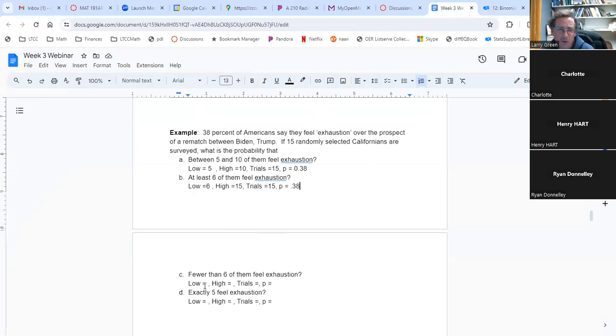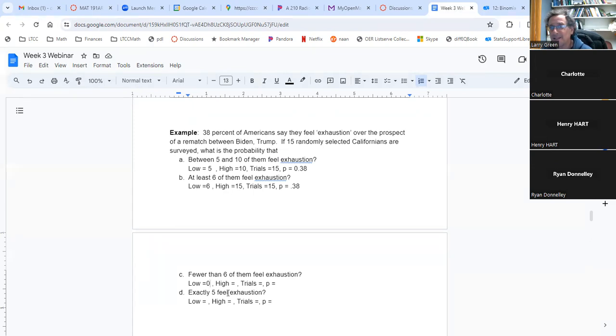Okay. How about fewer than 6 of them feel exhaustion? What's the lowest number that could be fewer than 6? 0. Exactly. What's the highest number fewer than 6? Not 0.